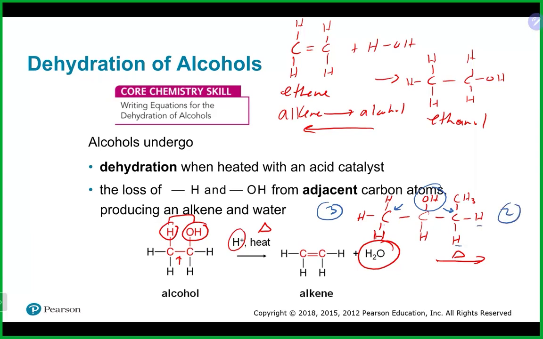When we are going to remove water, we actually will choose the hydrogen off of the one that has the least when we're taking it off. So we would actually remove a hydrogen off of this side since it has the least. And by the way, that is where my double bond would basically end up, where I remove the hydrogen and the OH. So in this case, we would end up with this.